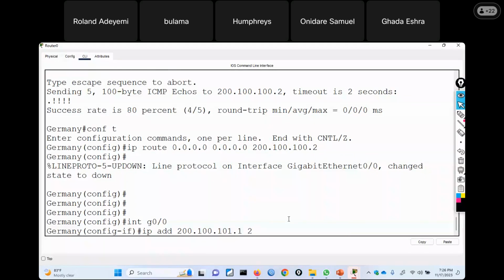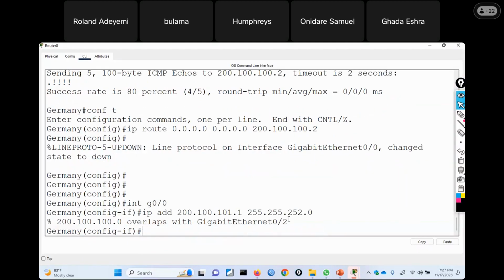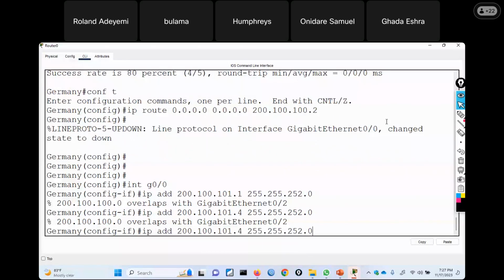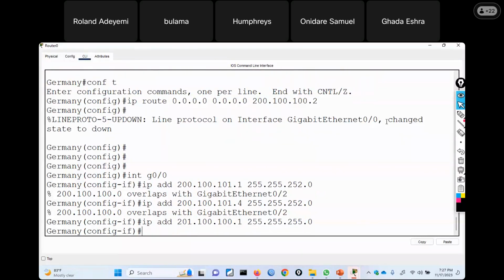Oh, I've used that address somewhere. Okay, I understand now. This should be like dot 5. Subnetting not scatter. I don't want to go through that stress. Let me just pick a different address entirely. Let's say 2.1.